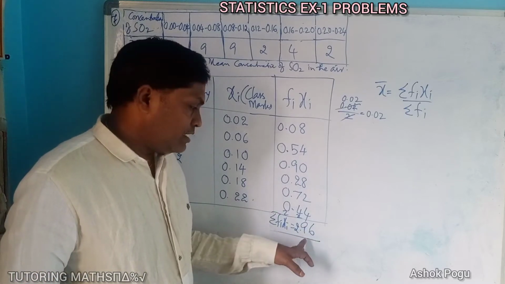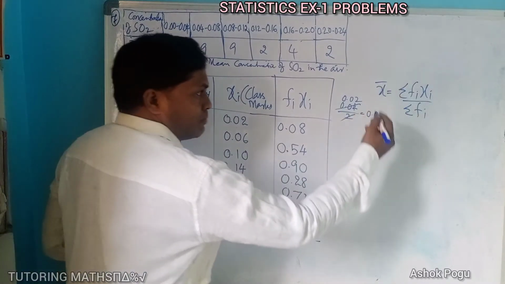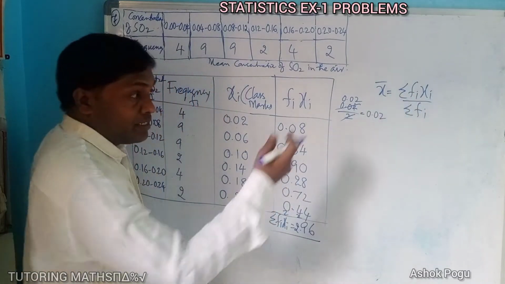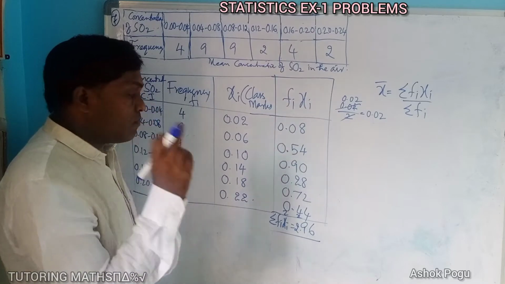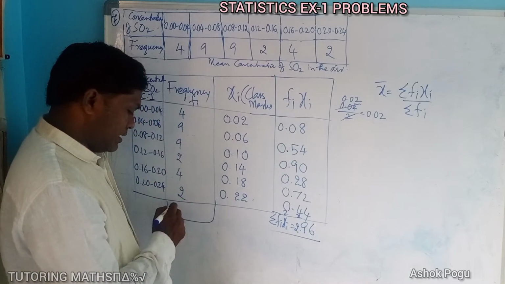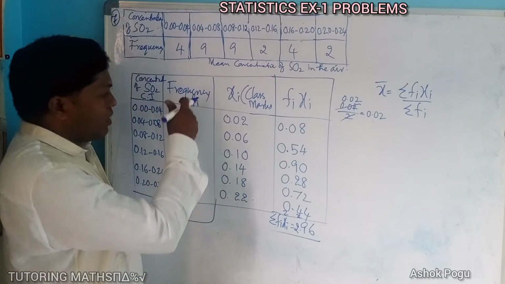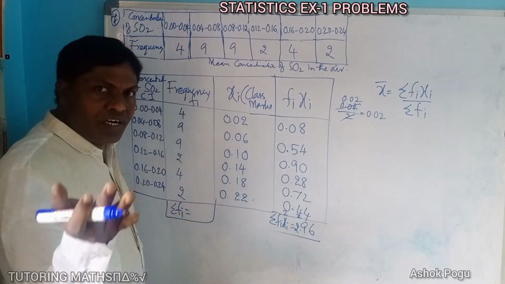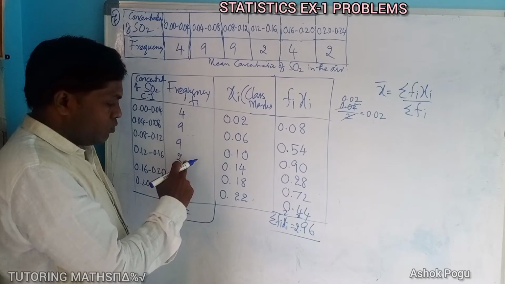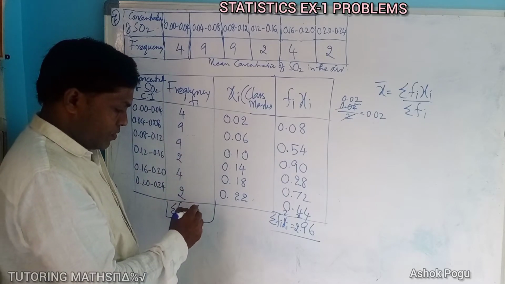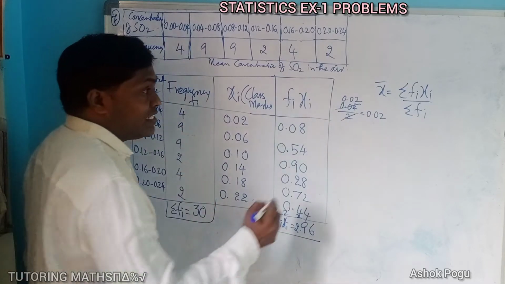Sigma fi xi is 2.96. Let us substitute the value and check the denominator. The denominator is sigma fi, the sum of all the frequencies. This is the data about the 30 localities, as already given in the question: 4, 9, 13, 9, 22, 24, 28, 30. So this is the data about the 30 localities.